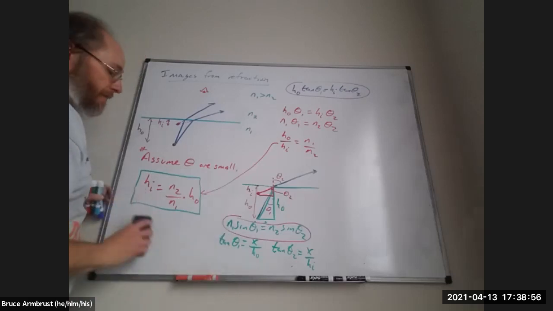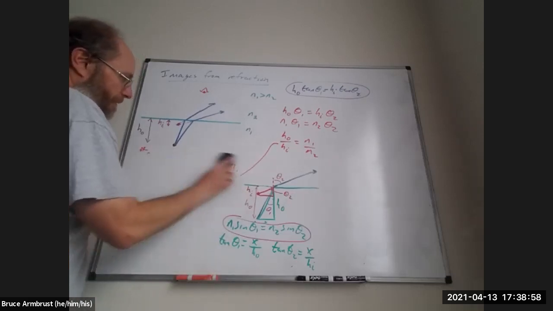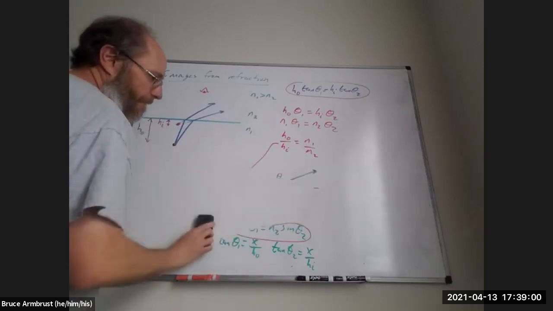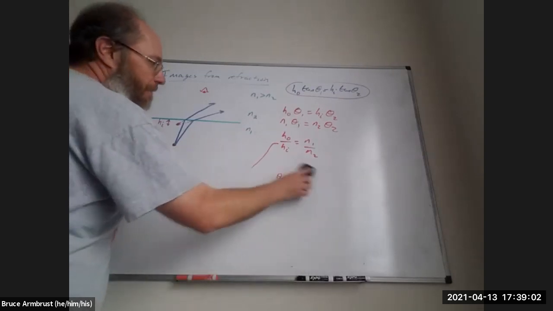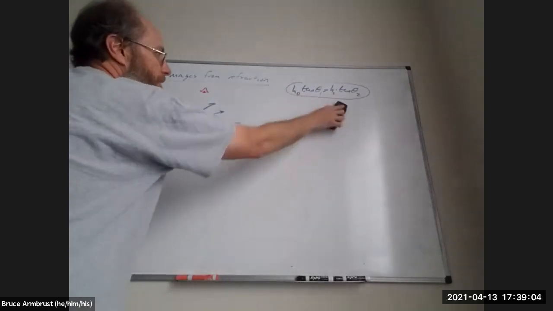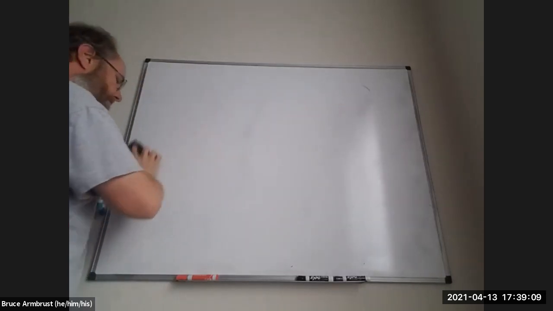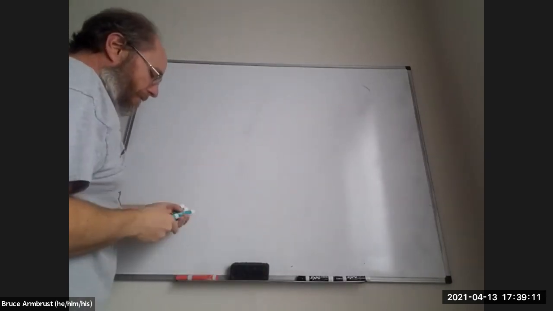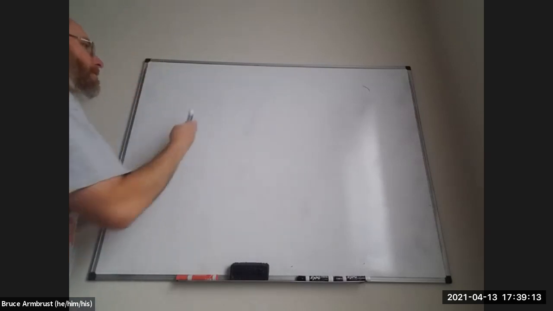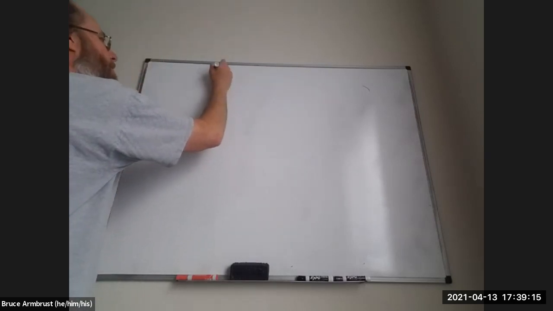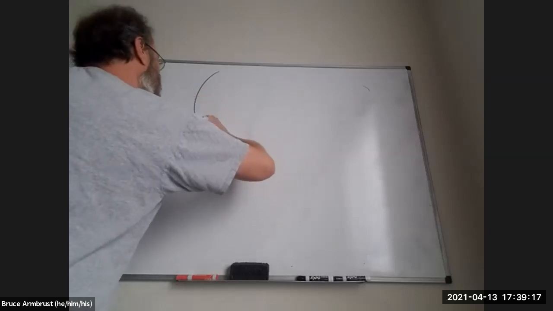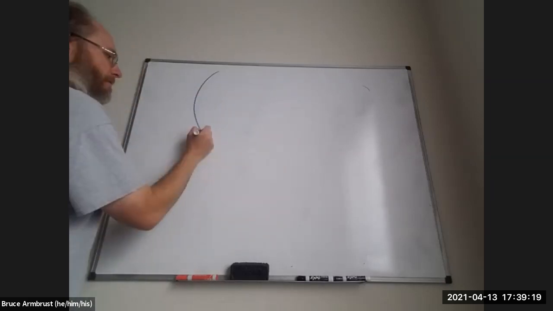So with the curved surfaces, the geometry is going to be a bit more complicated. Right, this one was easy. I made a couple of right triangles and then I did the small angle approximation and everything was good. This one's going to require a little bit more, but let's go with, here's our curved surface.